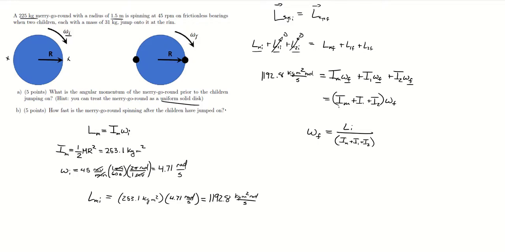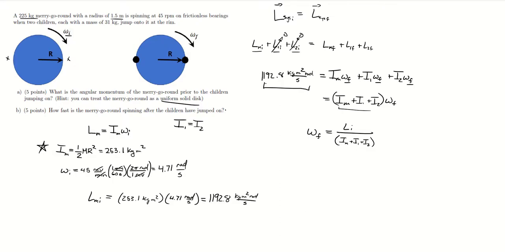And so it boils down to now just calculating this. We already know our total initial angular momentum. We can calculate that final total moment of inertia. We already know the moment of inertia of the merry-go-round. For the children, it's going to be the same for each of them. So the moment of inertia of child one is the same as the moment of inertia of child two.